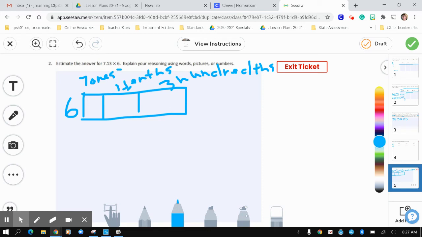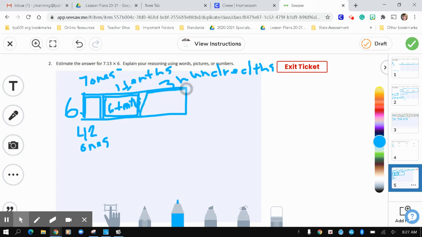So when I multiply in the area model, I'm just multiplying this one square, which is 6 times 7, and I don't have enough space to write it in there, so I'm going to write it below. And we get 42 ones. Then we are going to focus on the next square, which is 1/10 times 6, which would be 6 tenths.